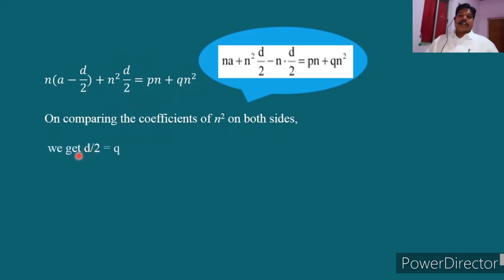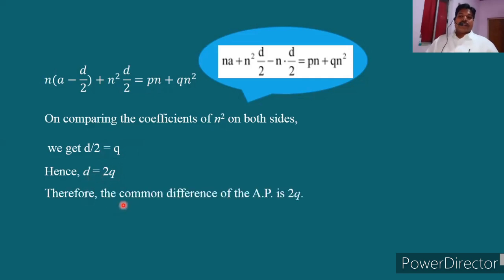Only one n square term is there in the LHS and one in the RHS, so d by 2 is equal to q. Take the 2 to this side, then d will become 2q. So d, the common difference of the arithmetic progression, is 2q.